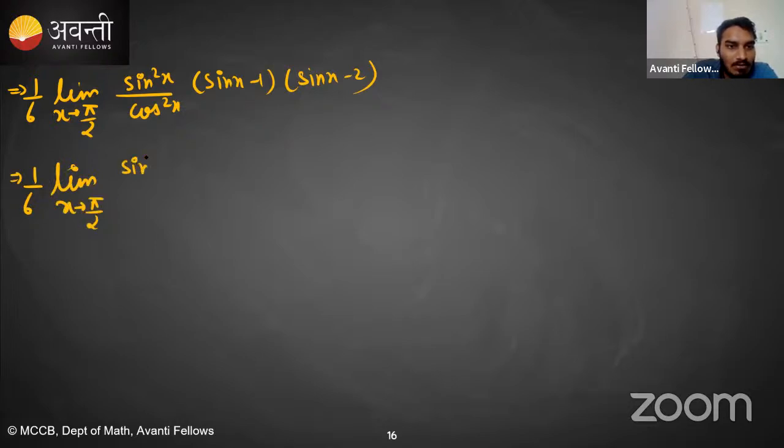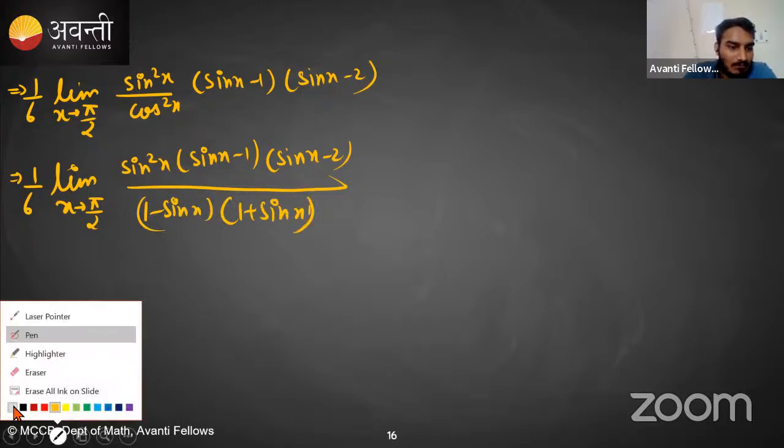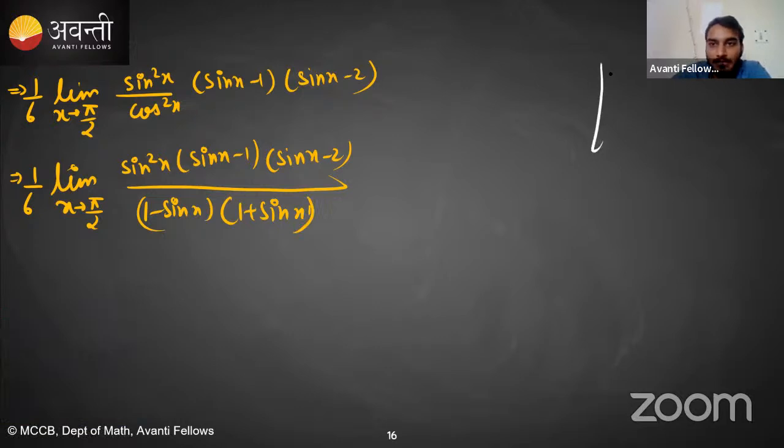So this can be written as 1 upon 6 limit x tending to pi by 2 sin square x, sin x minus 1, sin x minus 2, and cos square x can be written as 1 minus sin square x, and that can be written as 1 minus sin x into 1 plus sin x. Is this clear? Why? Because cos square x is equal to 1 minus sin square x, and it can be further factorized.